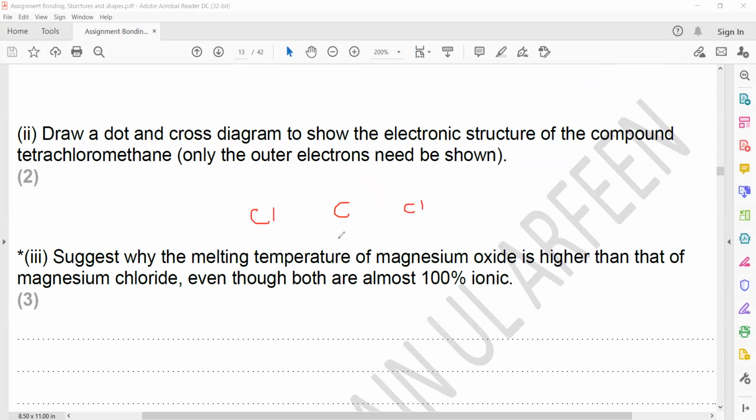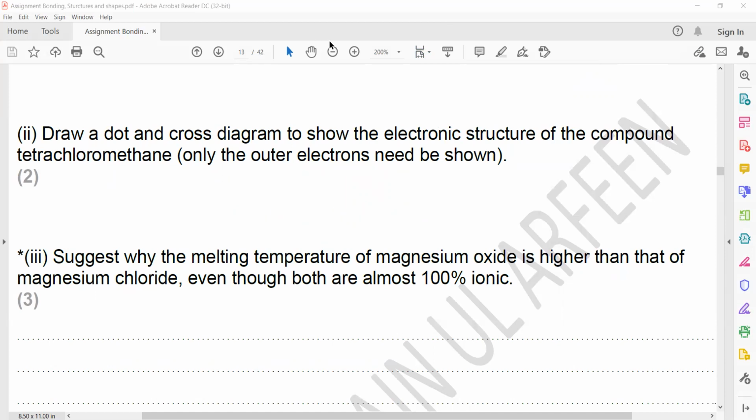It's a dot and cross diagram, so bond angles are not important. If you use crosses to represent carbon's electrons, then dots will represent chlorine's. And then these are the lone pairs: 3 lone pairs are present on each chlorine.